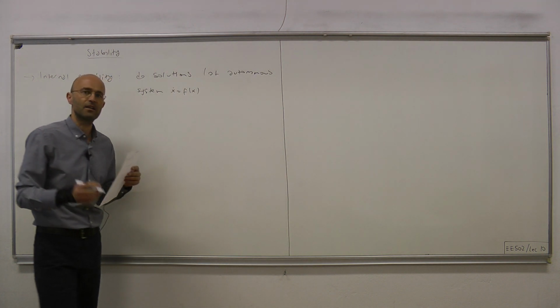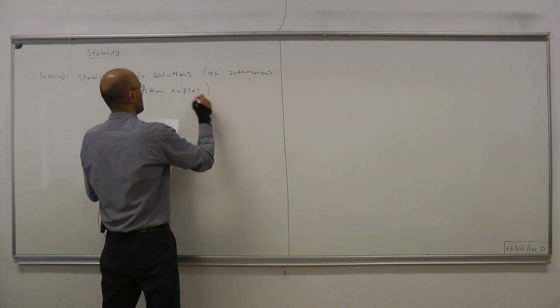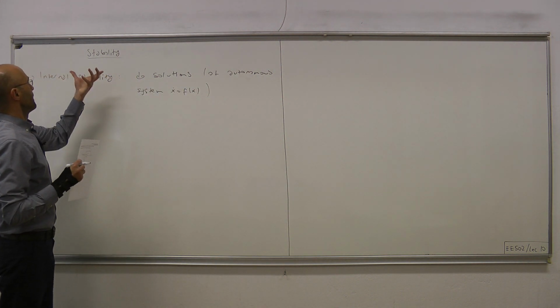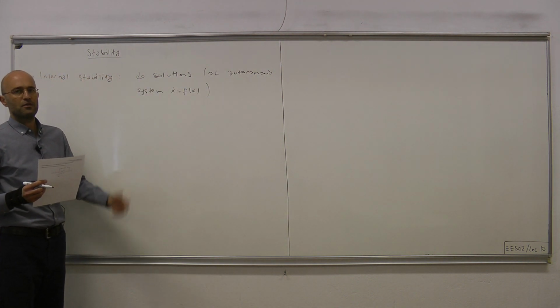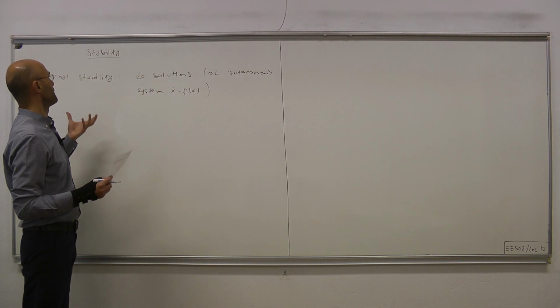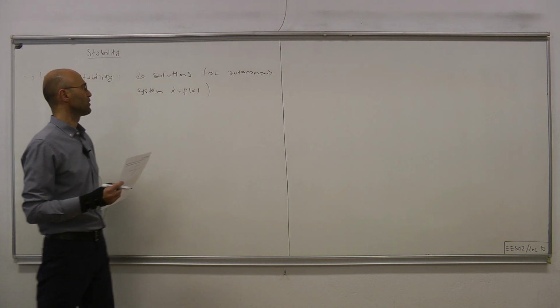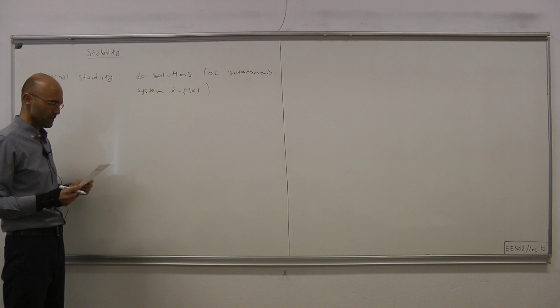Of course, we'll be studying it mainly for the linear system, but this subject, stability, is a very general topic for dynamical systems. Therefore, it's equally valid for the general case x dot equals f of x.